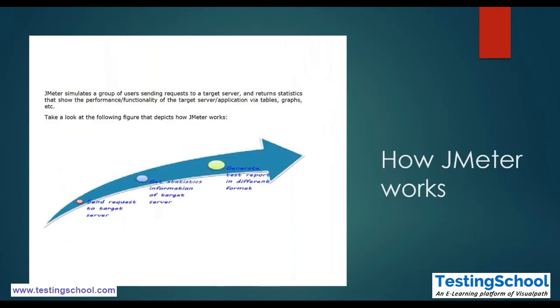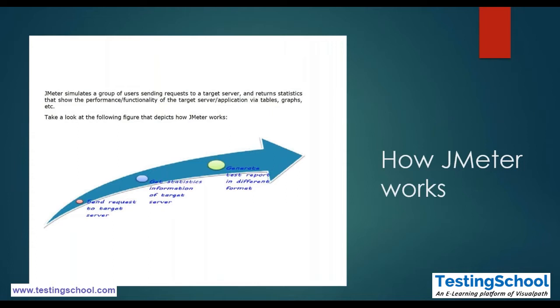Next, we are going to see how JMeter actually works. As we know, JMeter is a performance testing tool which simulates multiple users using the system at a point of time. Why do we need a testing tool for performance? If you want to test a particular application for hundreds of users using the system at the same time, you have two options.